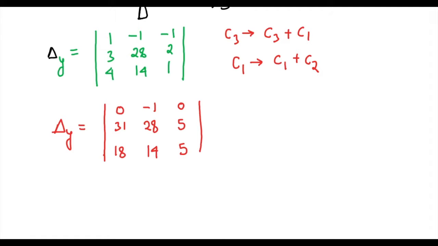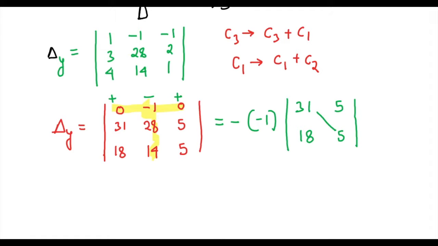So now I will expand it according to first row, and the sign convention will be plus, minus and plus. So it will be minus of minus 1, and leave the yellow thing. You will get 31, 5 and 18 and 5.